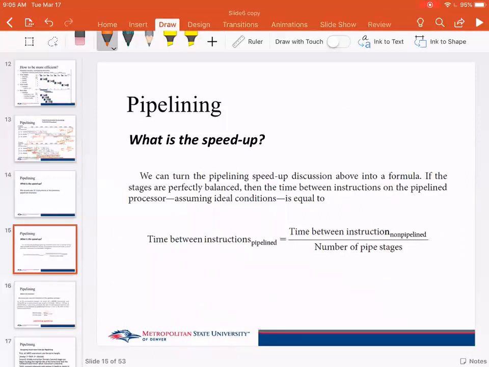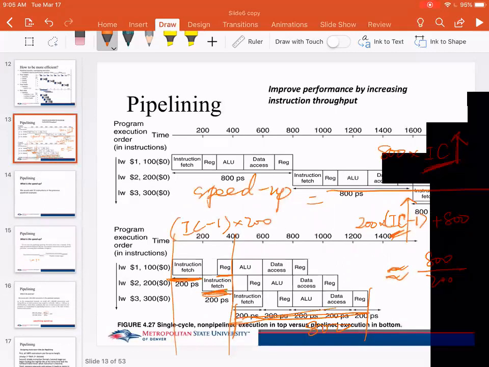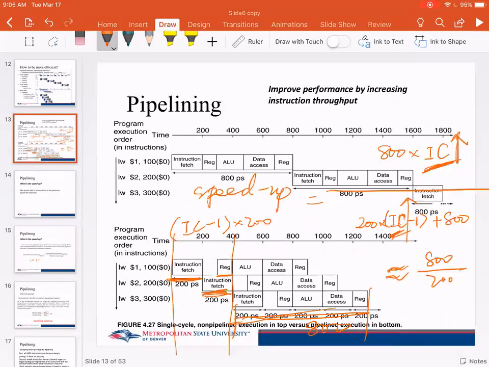So what is 800 divided by 200? For the previous example, the 200 ps is actually called the time between instructions for a pipelined processor. So the 200 here is the time between two instructions for a pipeline processor.